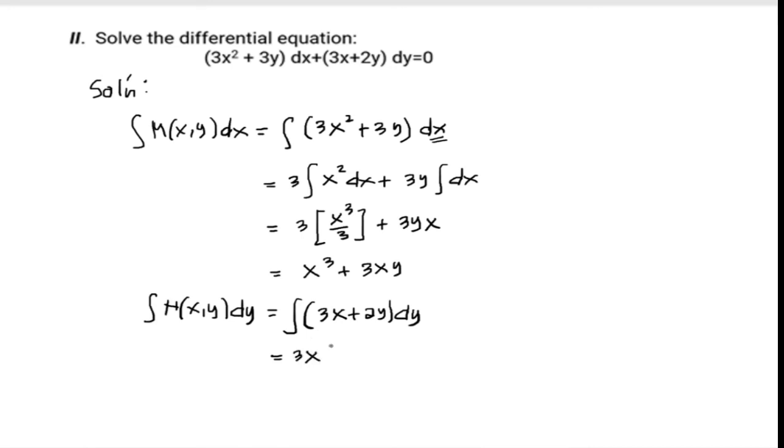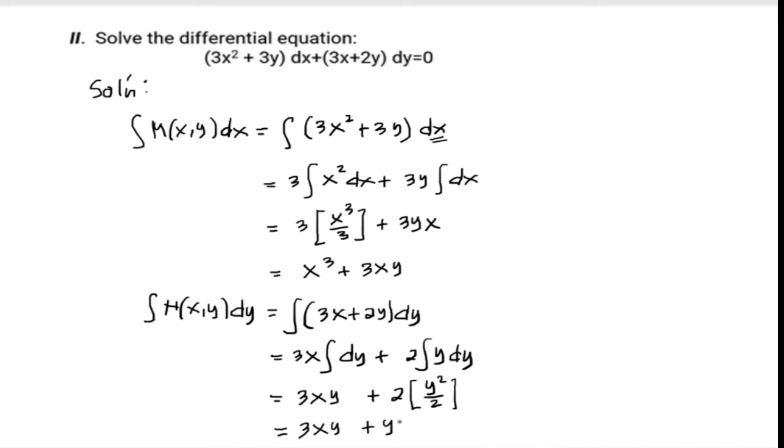So 3x as the constant, integral of dy, plus 2, the constant, the integral of y dy. Then integrate, we have 3x, integral of dy is y, plus 2, integral of y is y squared over 2. And finally, the answer here is 3xy plus y squared.